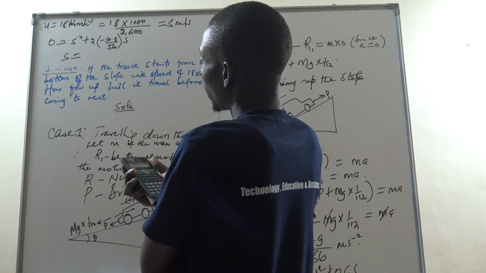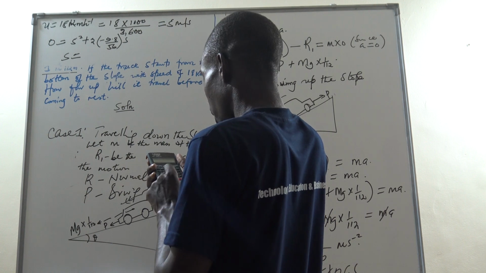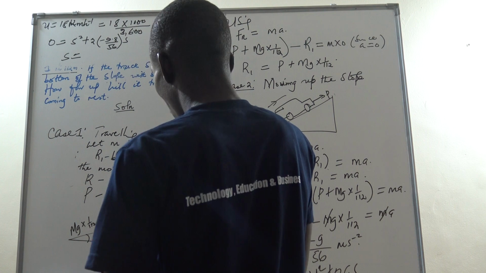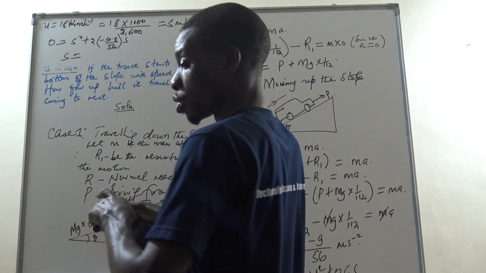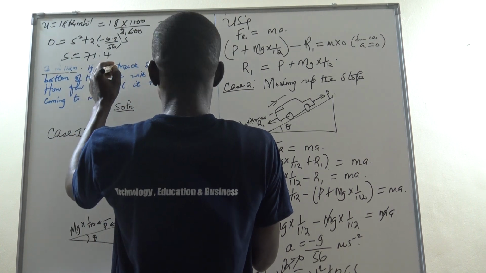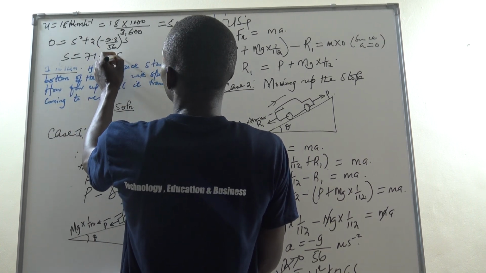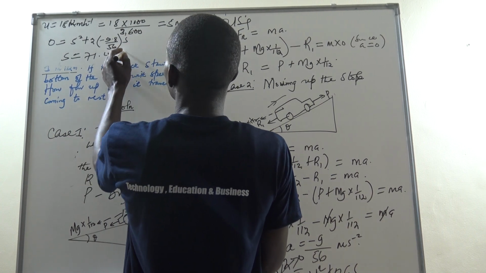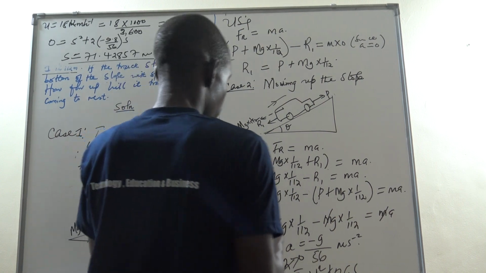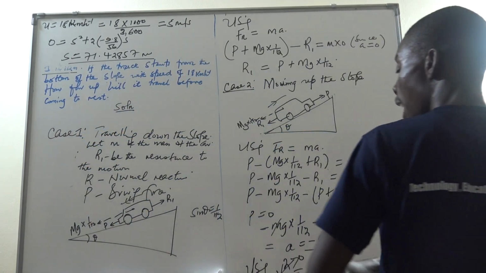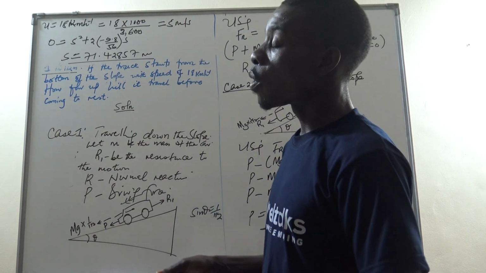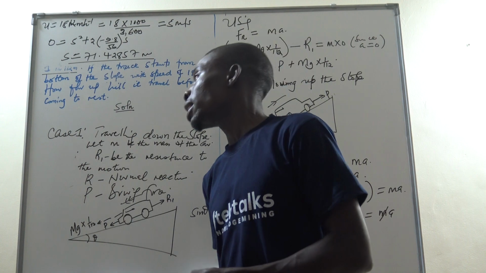I'm getting that, and then 25 divided by the answer. That is 71.4 to something. So it is 71.42857, something like that, meters. So the distance moved uphill before coming to rest is basically this.